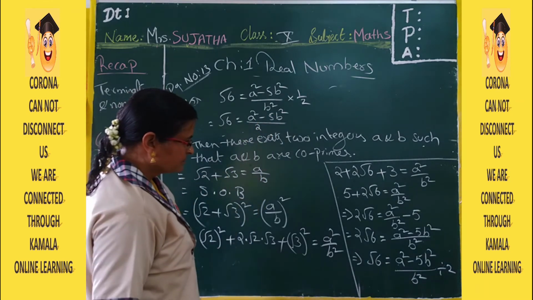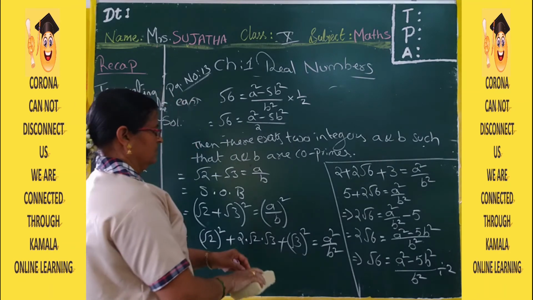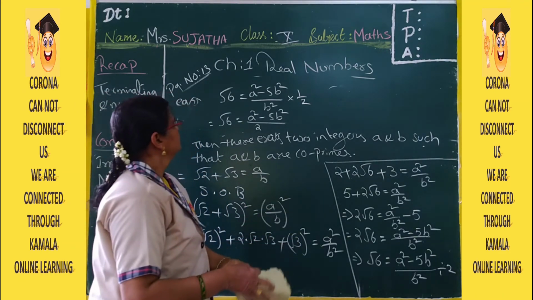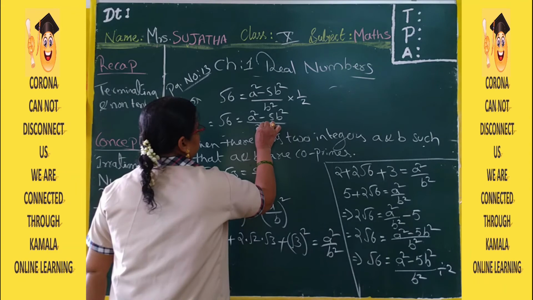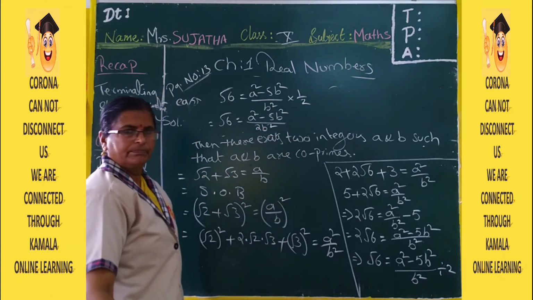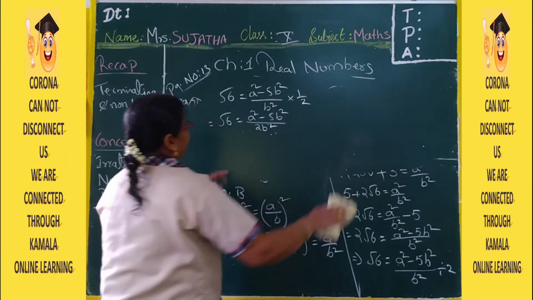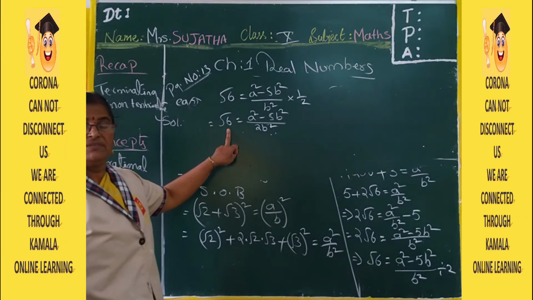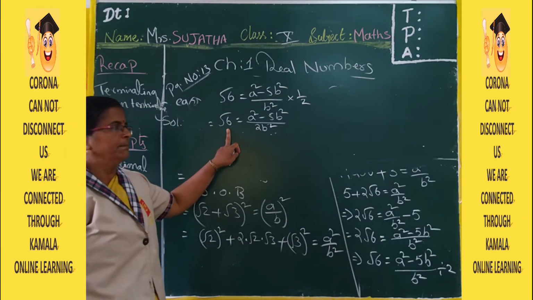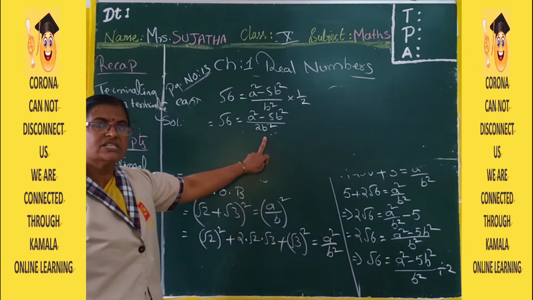See here, on the left side you have an irrational number, and on the right side you have a rational number.